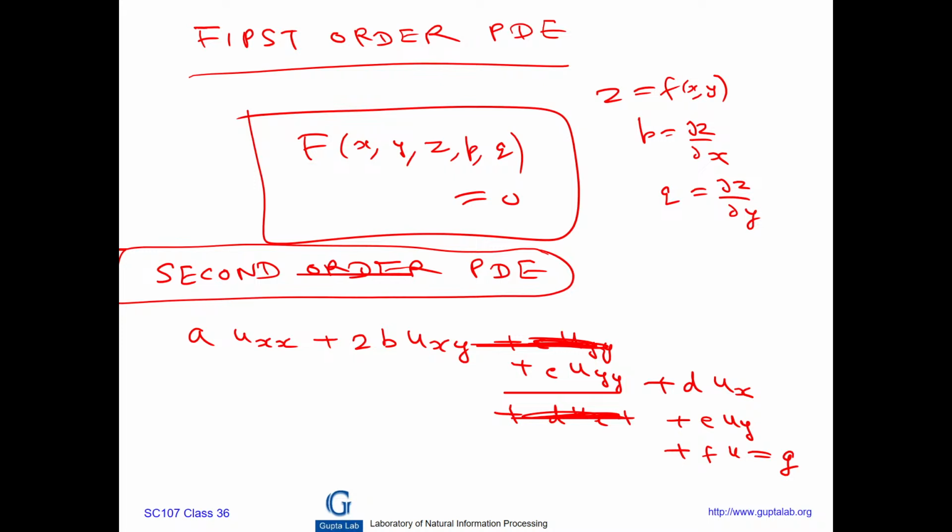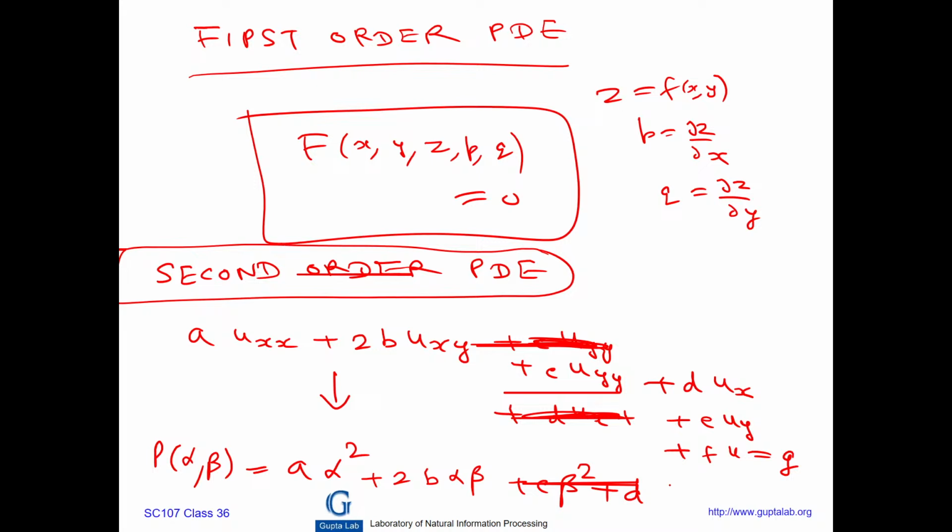So normally we convert it into what is known as the characteristic polynomial P of alpha, beta, which is a alpha square plus 2 times b alpha beta plus c times beta square plus d times alpha plus e times beta plus f, just like an operator, right? So this is something like a characteristic polynomial. I am not actually solving any of this, but it will give you the classification.